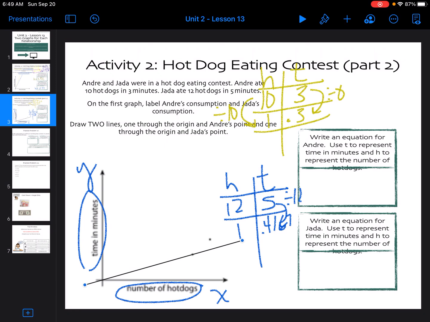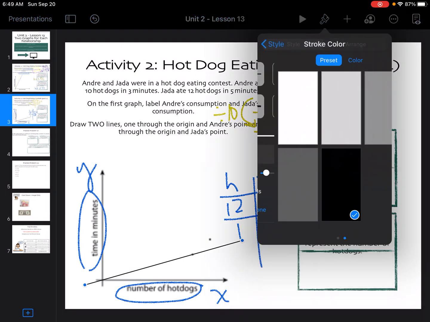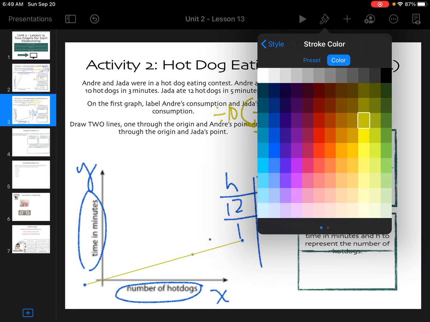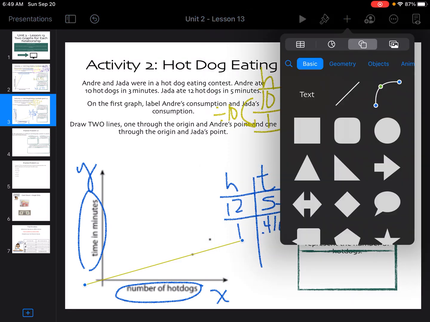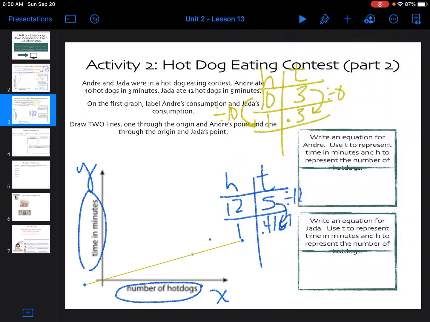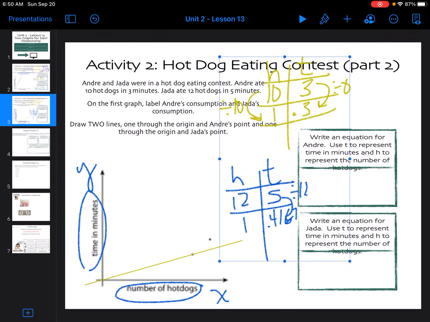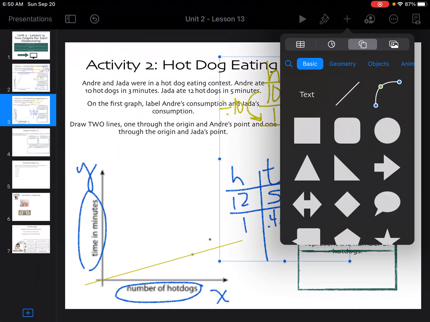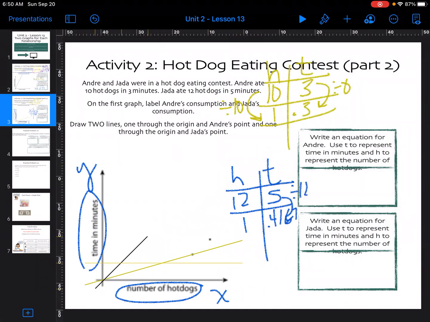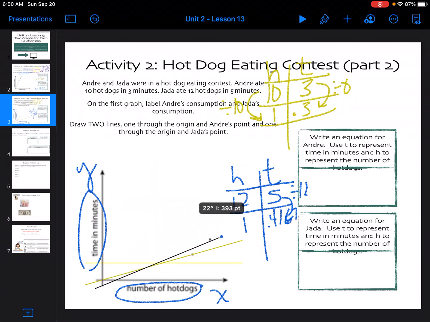Okay, I know that this has to be Andre's line because his constant of proportionality is 3/10. So that means it's going to be lower, I'm sorry guys, than Jada's. So I'm going to add another line for Jada's. We're still going through that origin.